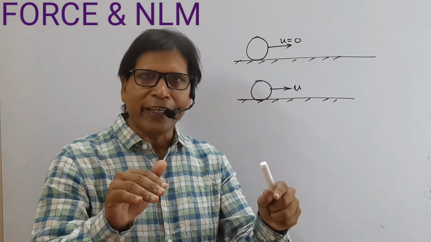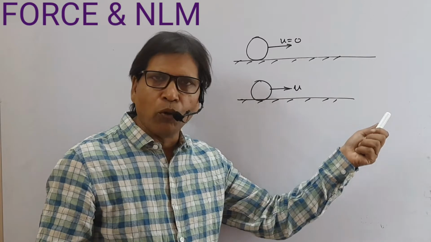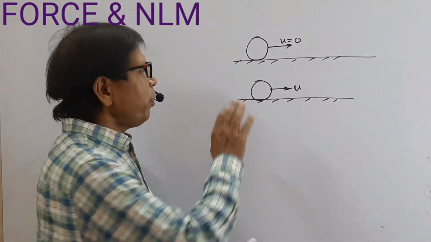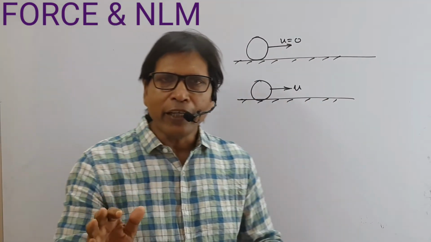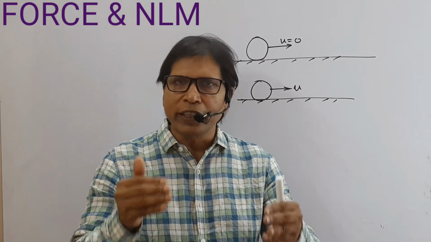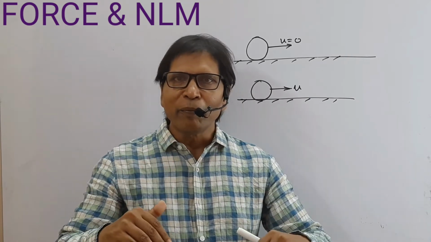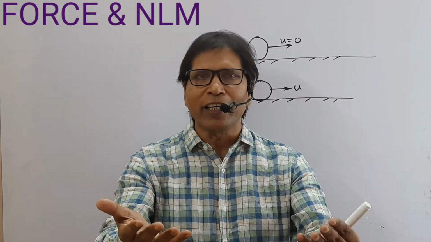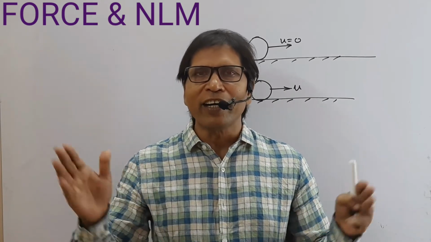So it remains at rest, and the body which moves with uniform motion u continues in its state of uniform motion if no external force acts on it. That is, a body is unable to change its state of rest or uniform motion by itself. This inability of a body to change its state of rest or uniform motion in a straight line is called inertia.